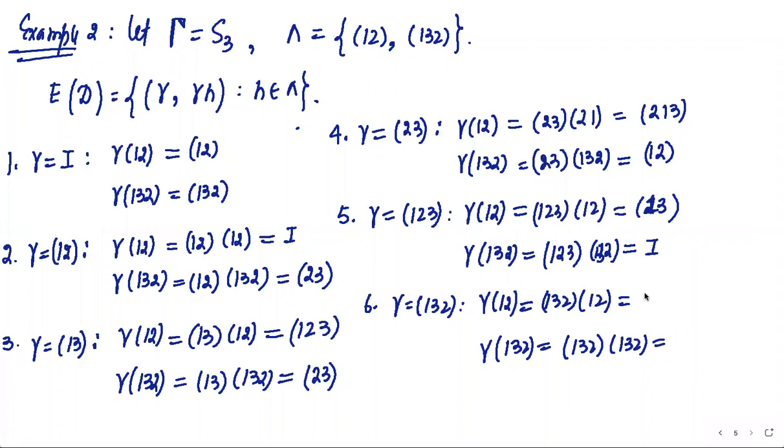Now what is this equal to? This is (2 3), and this is (1 2 3). Okay, is it fine till here? Yes, sir. Now let's draw a graph then.